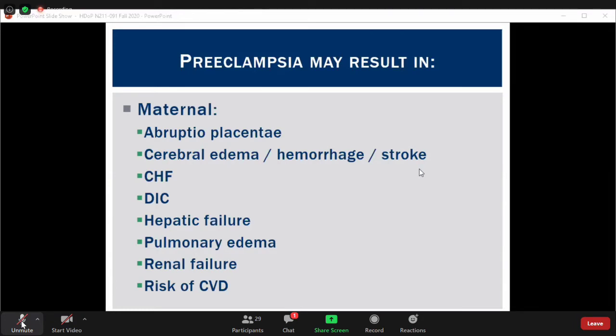These patients can have a stroke, congestive heart failure. I'll talk about this at the end, but patients who have preeclampsia can have ongoing cardiovascular disease from the damage they have sustained during the pregnancy. DIC is a complication of preeclampsia, hepatic failure, pulmonary edema, renal failure, and then, as I said, the risk of ongoing cardiovascular disease beyond the pregnancy.